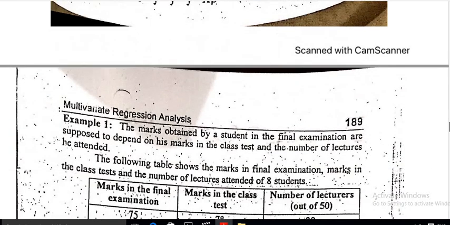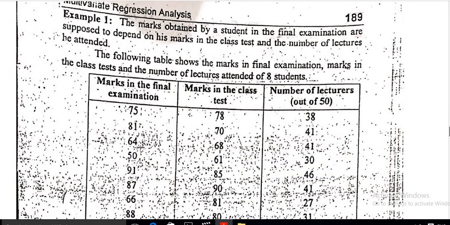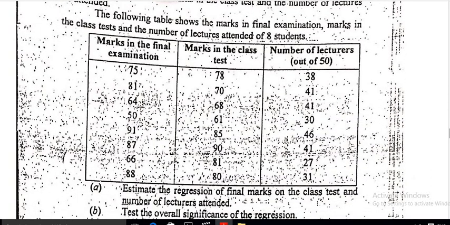Okay, this is the example of a linear regression model in the univariate case by using matrices. The marks obtained by students in final examinations are supposed to depend on his marks in class tests and the number of lectures he attended. These are a few data: number of lectures, marks in class test, marks in final exam.